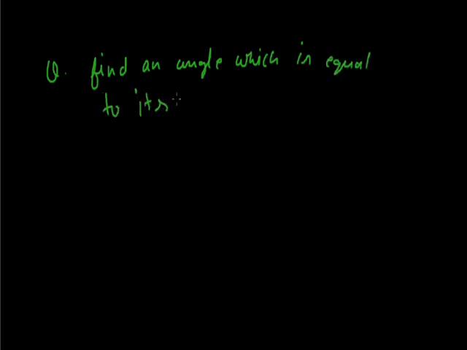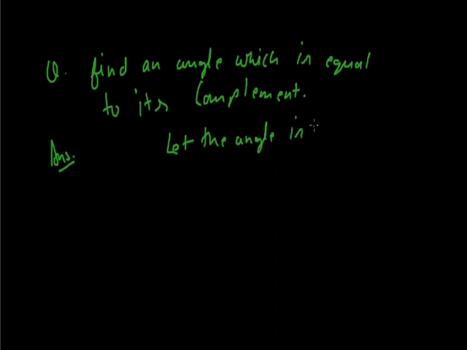Let's say I ask you a question: find an angle which is equal to its complement. We have to find an angle which is equal to its complement. First, let us assume what the angle is. Let the angle be theta, and its complement angle will be the other.